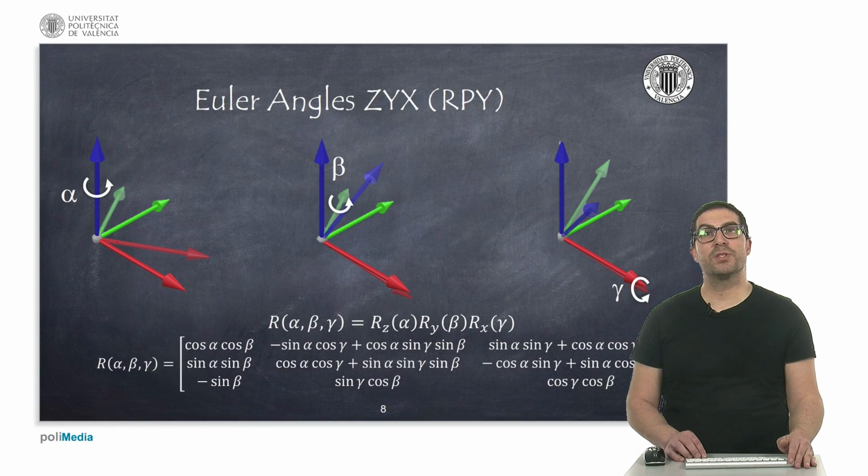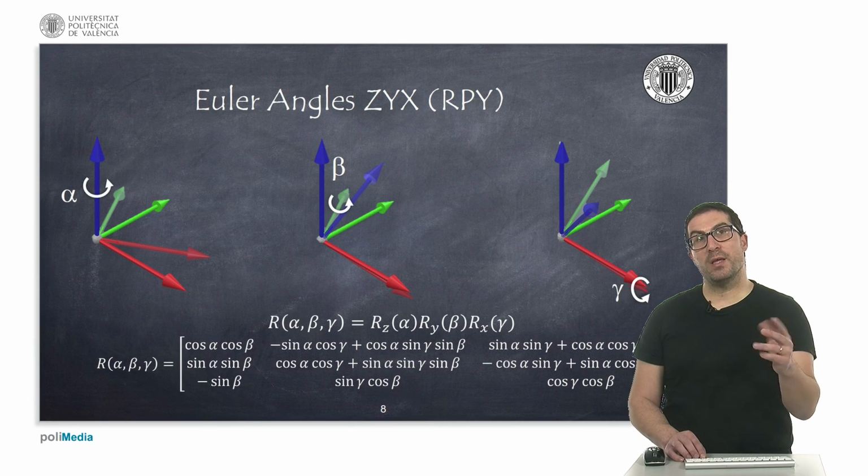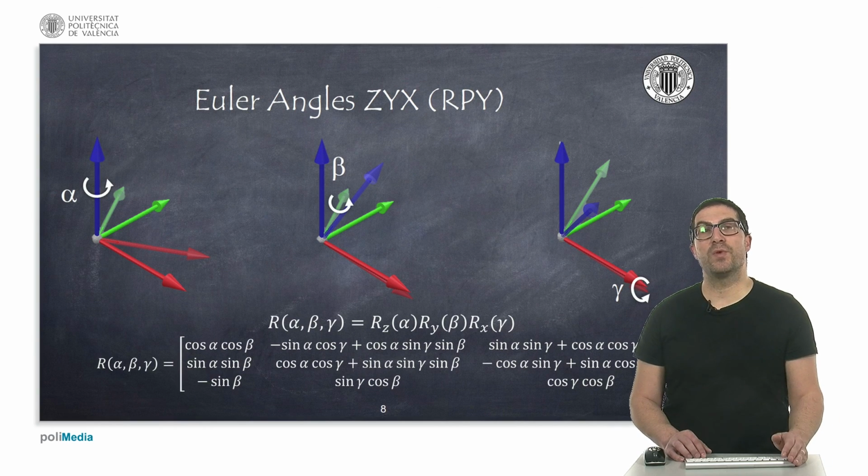Finally, here we see another example of a rotation with Euler coordinates Z, Y, X. This representation is equivalent to the roll-pitch-yaw angles, denoted by the letters RPY. It is frequently used in nautical applications to describe the orientation of, for instance, drones or planes.